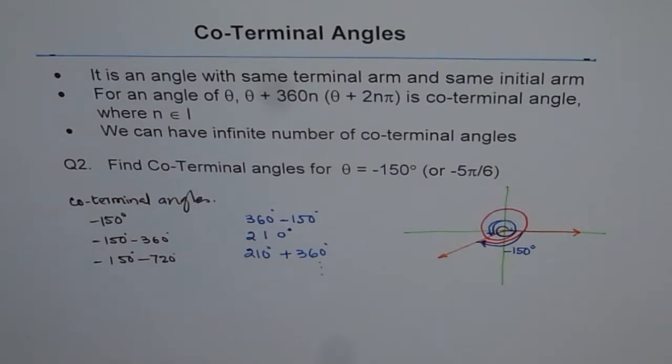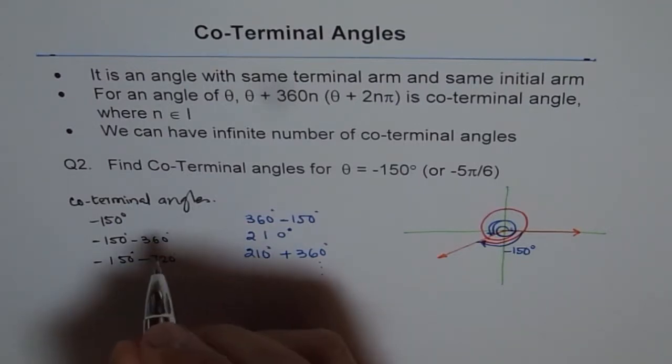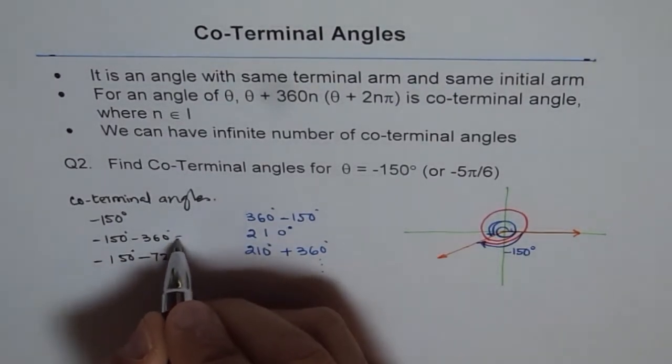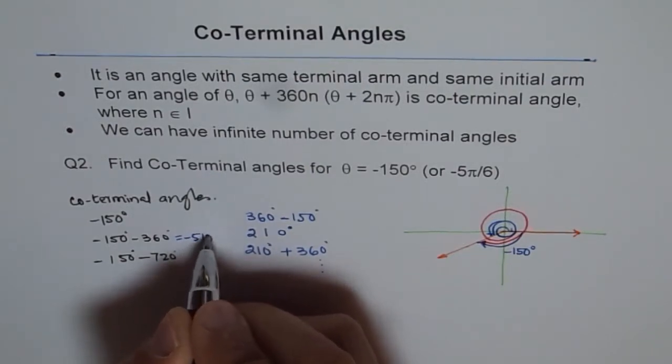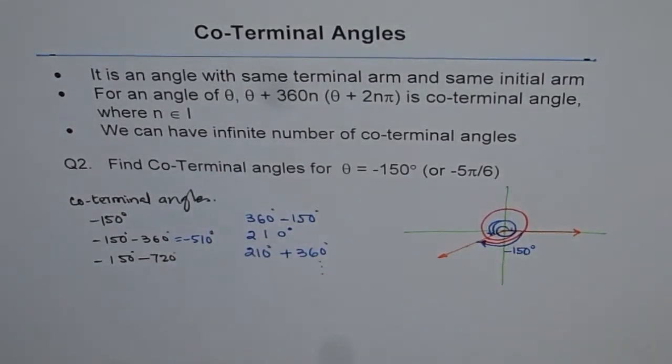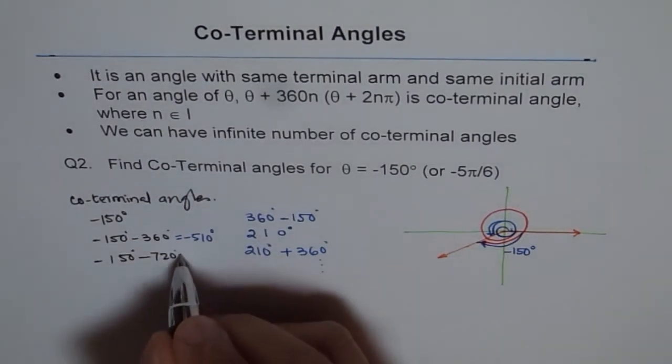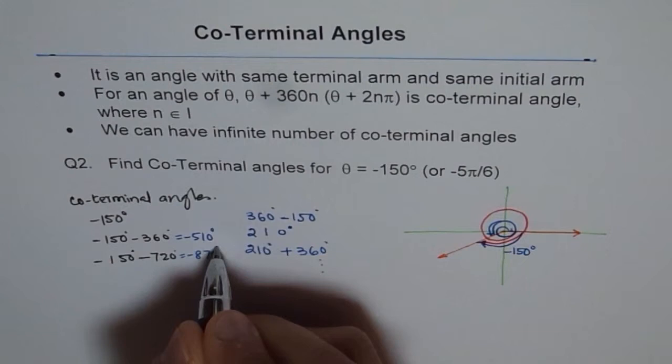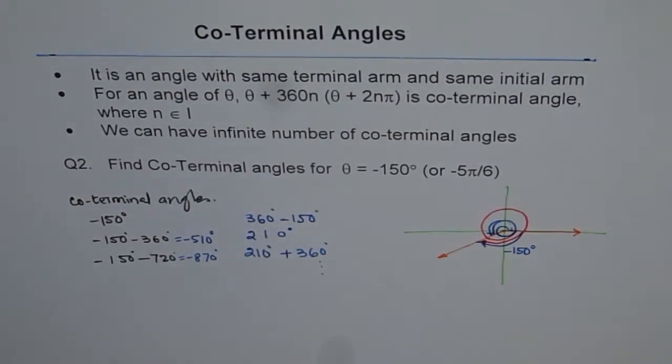So let me write down a few of them. 150 plus 360, both with minus sign, will give us minus 510. So this is minus 510 degrees. Then again we can add 360 to this, minus 870 degrees, correct? So like that you can get so many angles, and all these are coterminal angles for theta equals minus 150 degrees, correct?